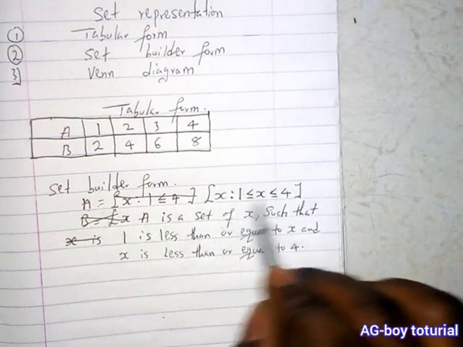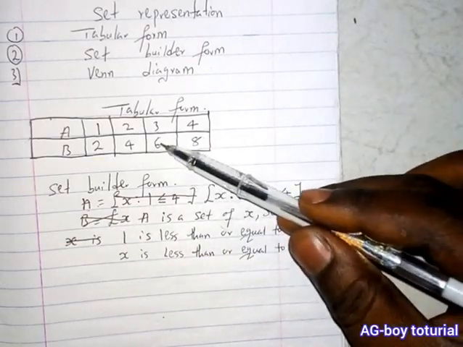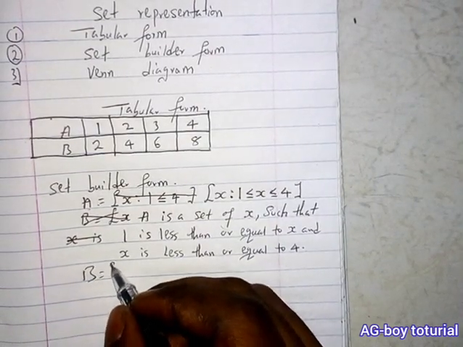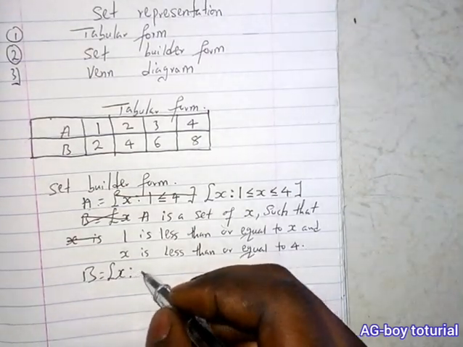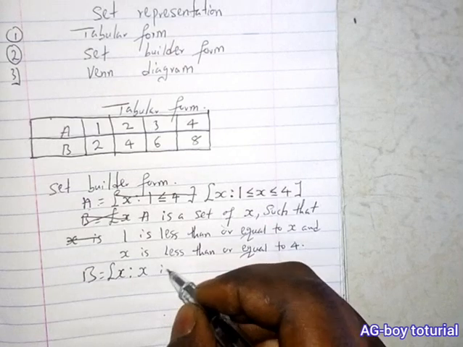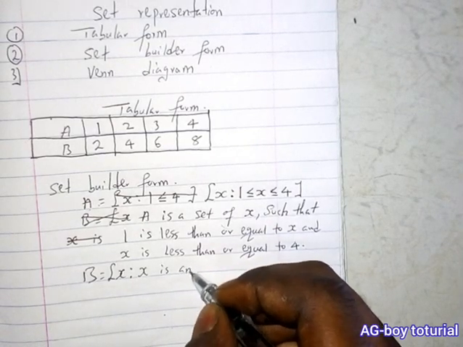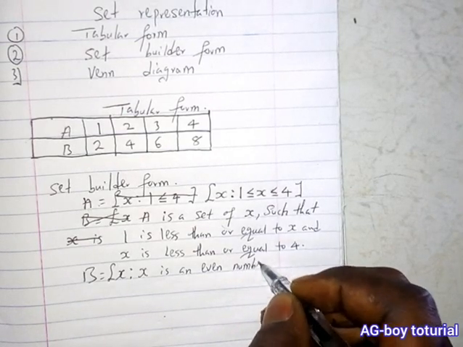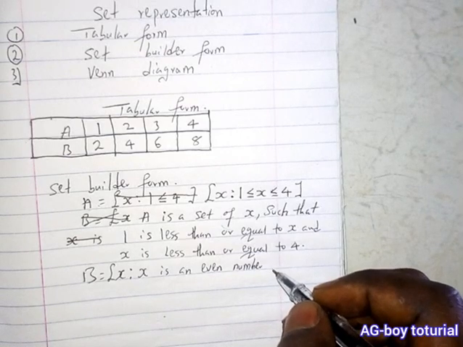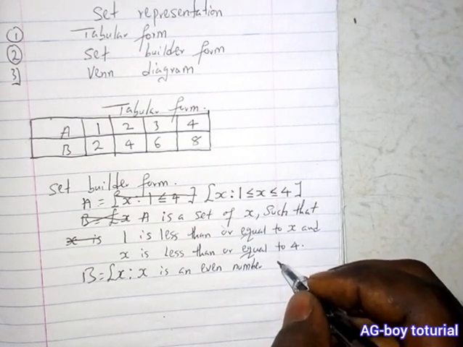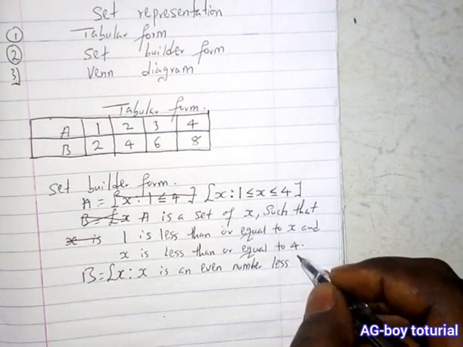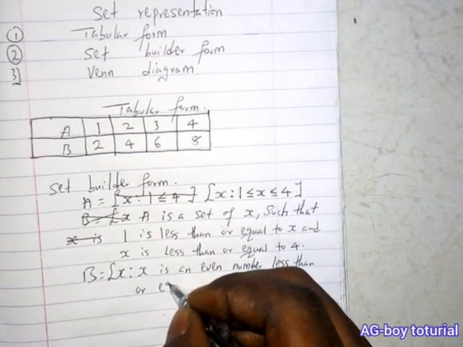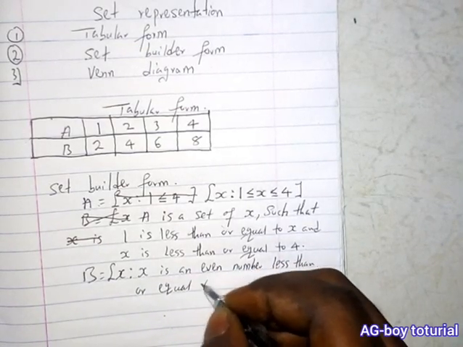Now for this other one, B is equal to the set of x such that x is an even number less than or equal to 8.